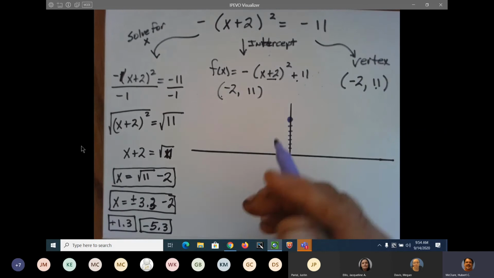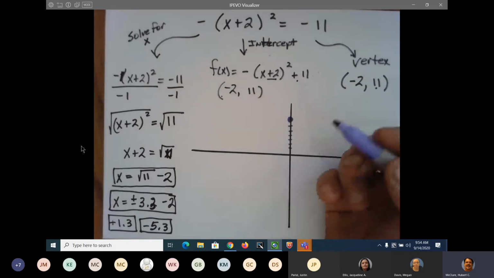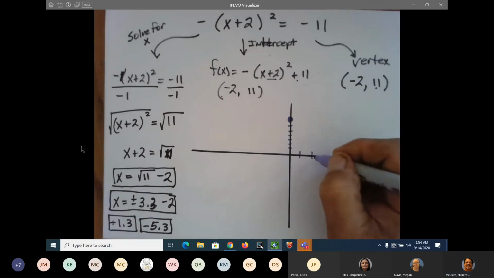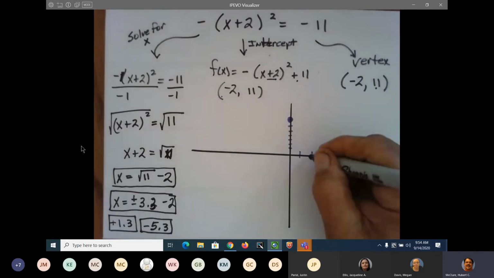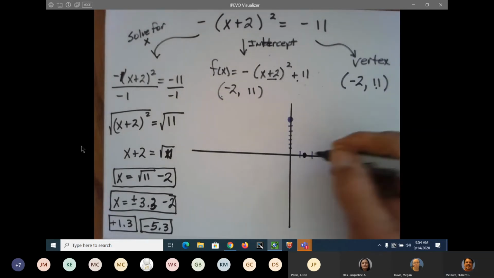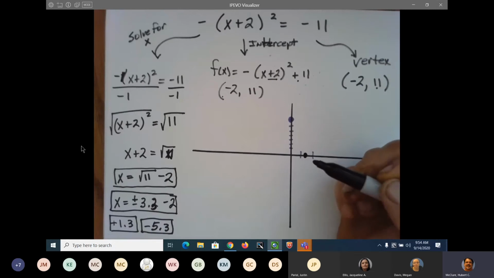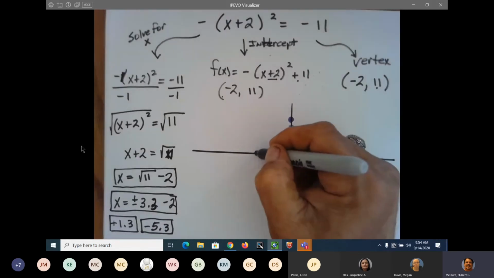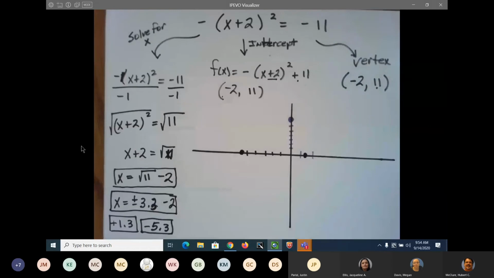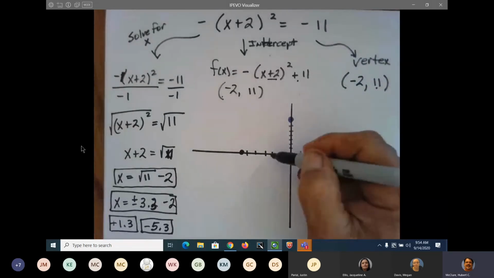My x-intercept is 1.3, and I'm going to use black. And negative 5.3. 1, 2, 3, 4, 5. My vertex is negative 2, positive 11.